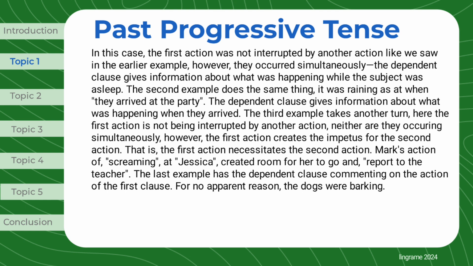That is, the first action necessitates the second action. Mark's action of screaming at Jessica created room for her to go and report to the teacher. The last example has the dependent clause commenting on the action of the first clause. For no apparent reason, the dogs were barking.